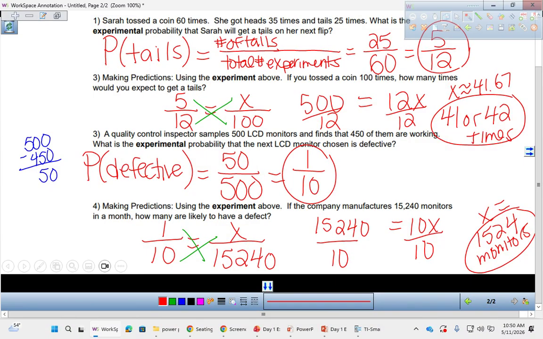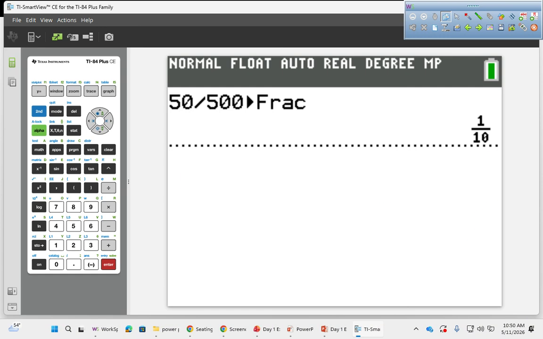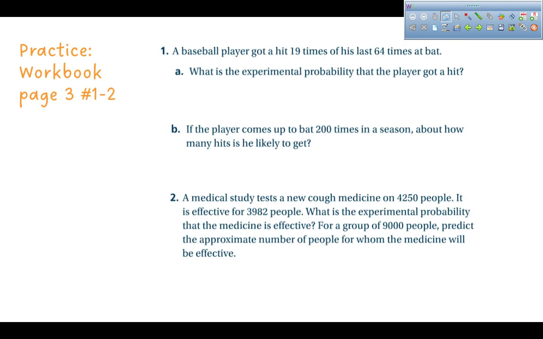So we're going to do some practice on this with our last few minutes. I'm going to give you your new workbook. You're going to do page 3, numbers 1 and 2.